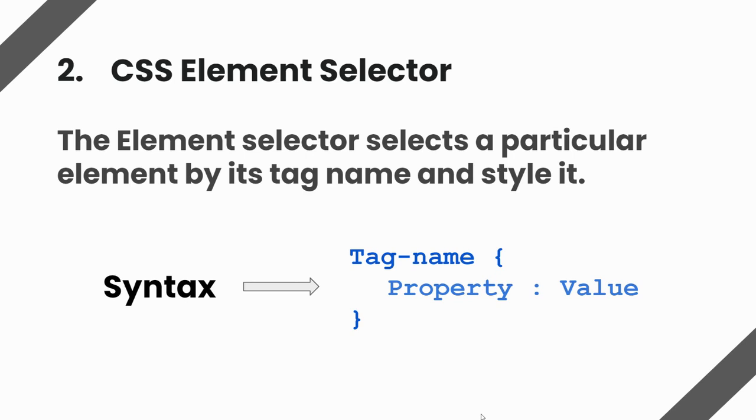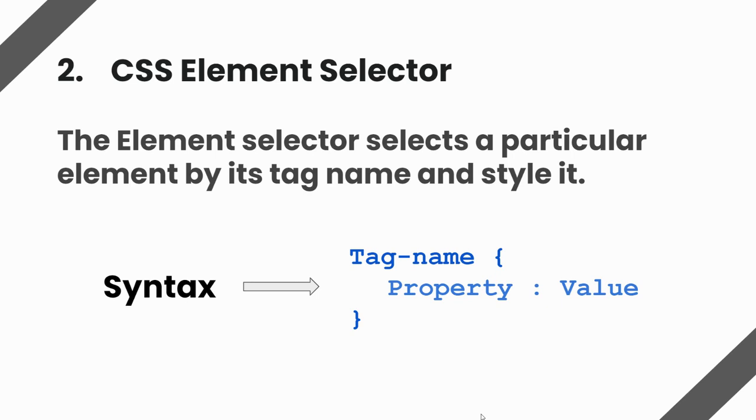Let's assume you have up to 4 heading 3 elements in your HTML document and you just want to style one of those heading 3. Using the element selector would not only affect the particular element you want to style, but it will also affect the other heading 3 elements.